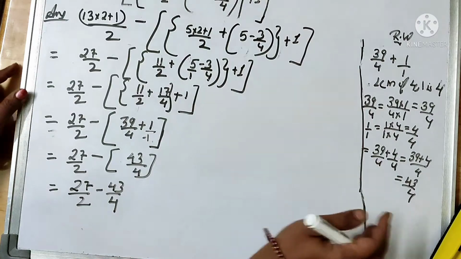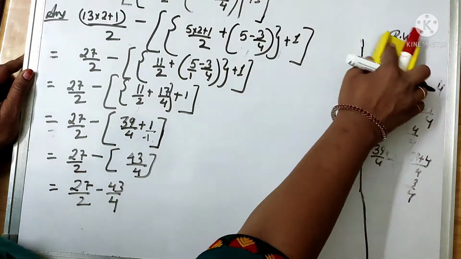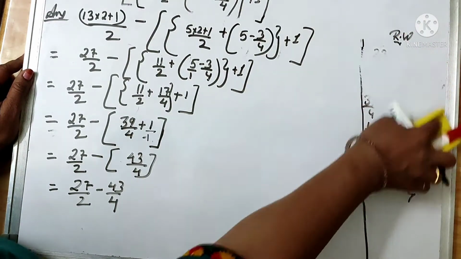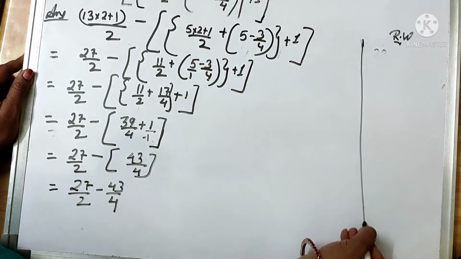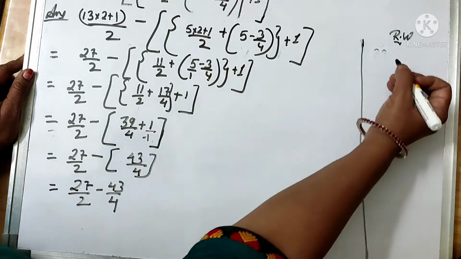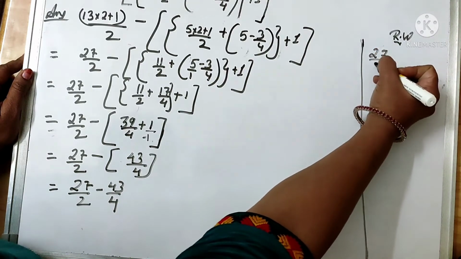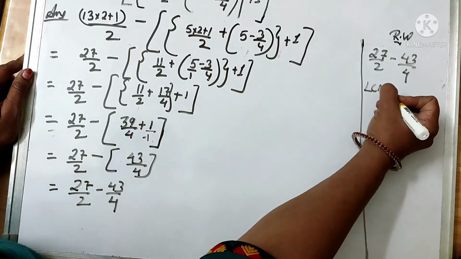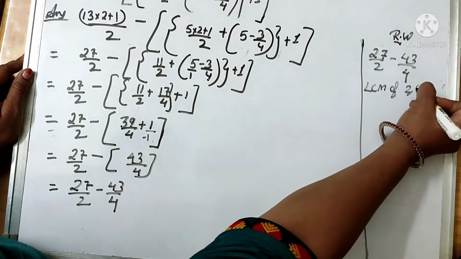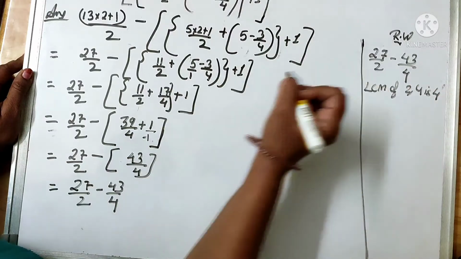Again I have to simplify this. This whole problem is of addition and subtraction. Once we are doing addition, once we are doing subtraction. So be careful in doing this one while finding the LCM and all that. Here I will find the LCM of 2 comma 4, which is equal to 4.